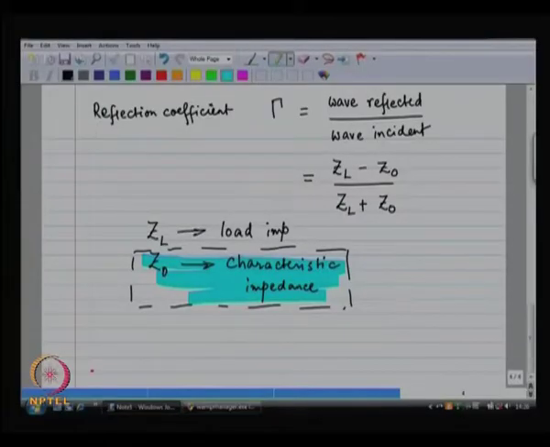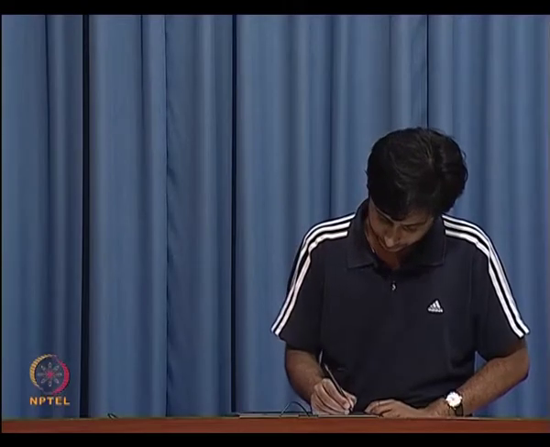It turns out that if it is just a non-conducting medium like the atmosphere, okay.